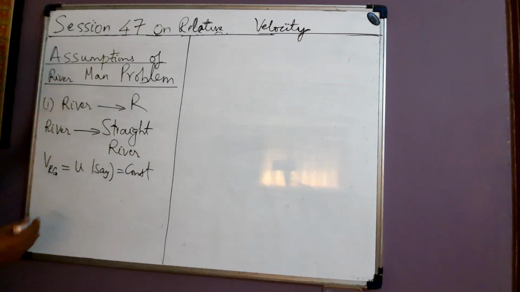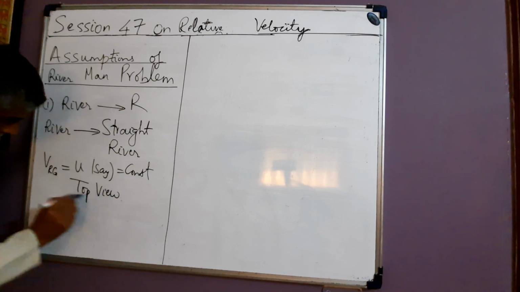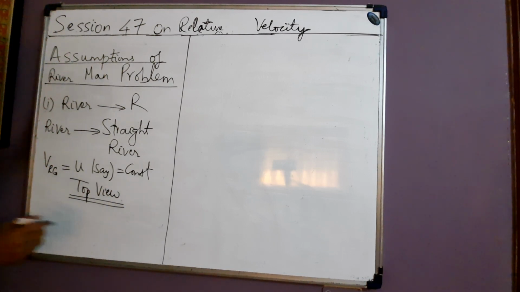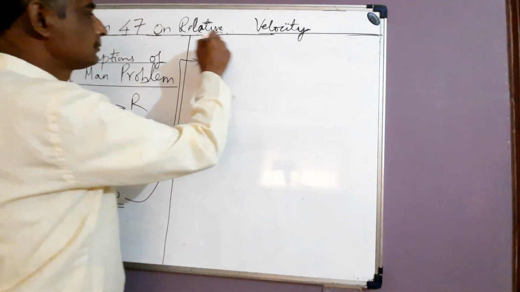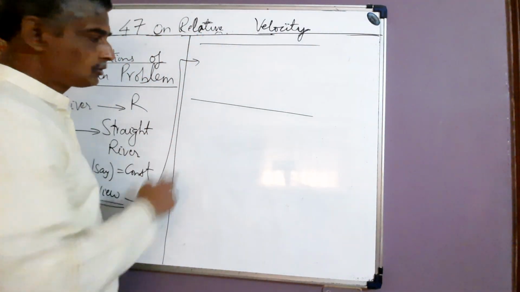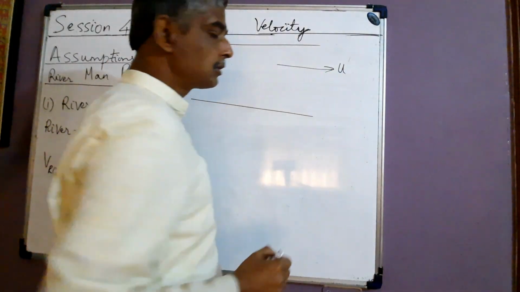And it is a straight river. So in top view, the situation will be something like this. This is the top view of the river. This is one bank, this is the other bank. River flowing at a constant speed U with respect to ground.